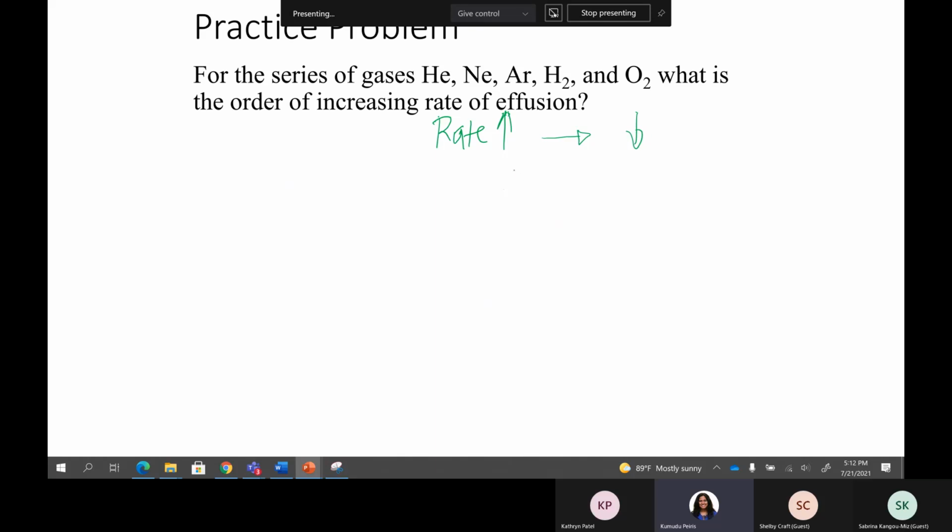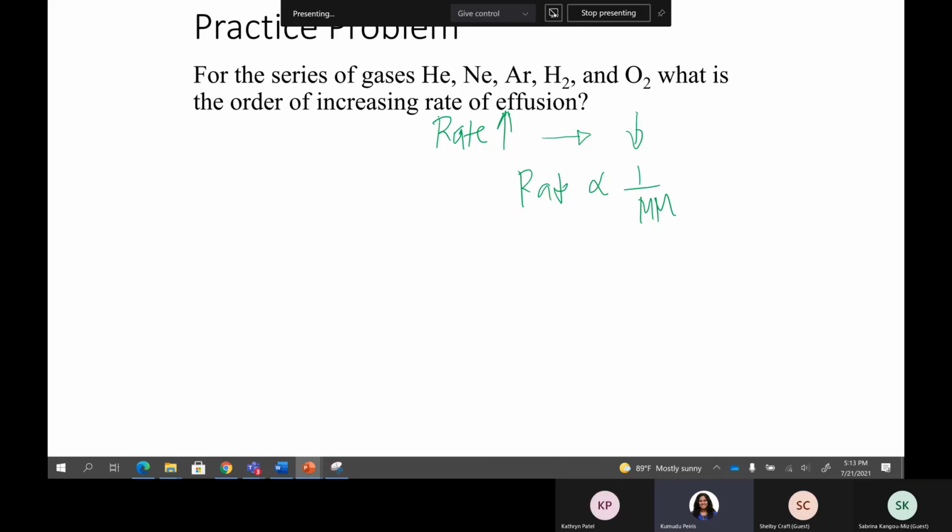The rate is inversely proportional to the molecular mass. So the lighter gases can effuse more rapidly than the heavy gases.